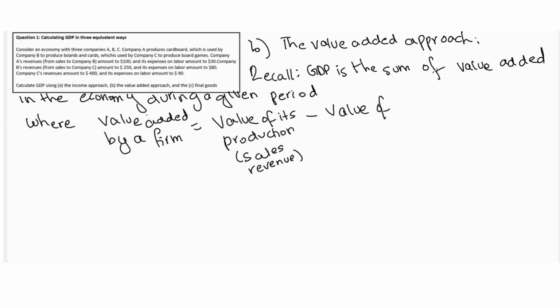So it's the sum of the value added of all the firms in the economy, and then we can get GDP through the value added method.